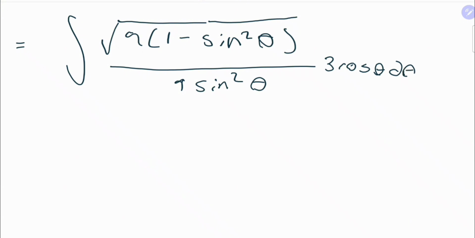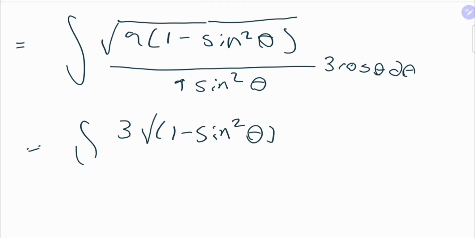Now we can take the root of the 9 multiplying the 1 minus sine squared theta, so this equals the integral of 3, because that is the root of 9, times the root of 1 minus sine squared theta.